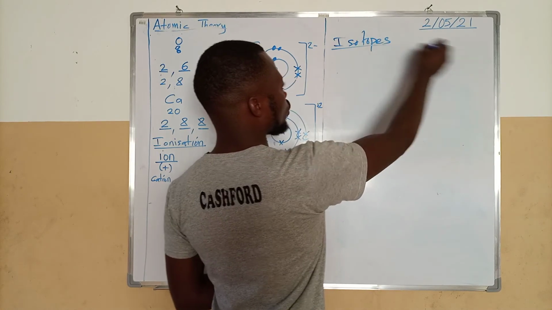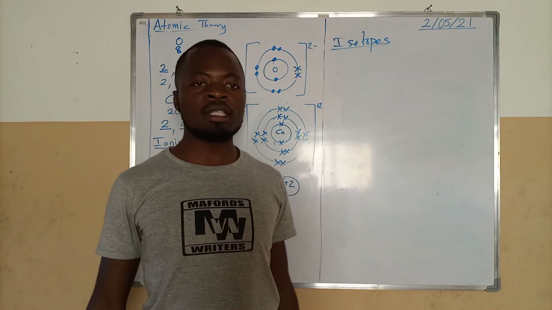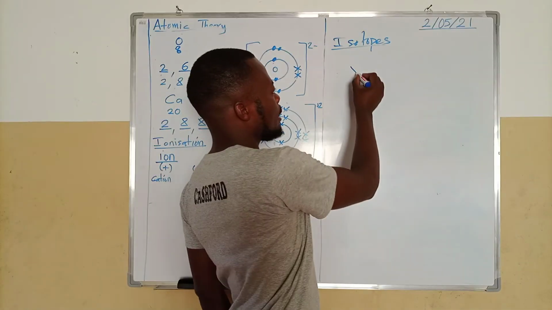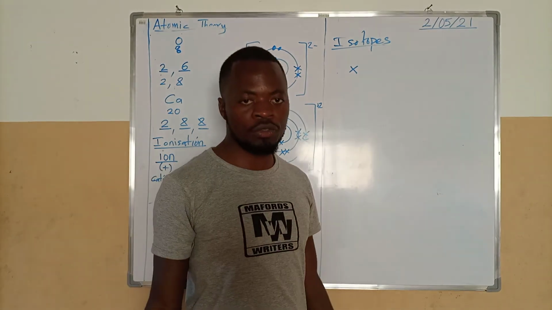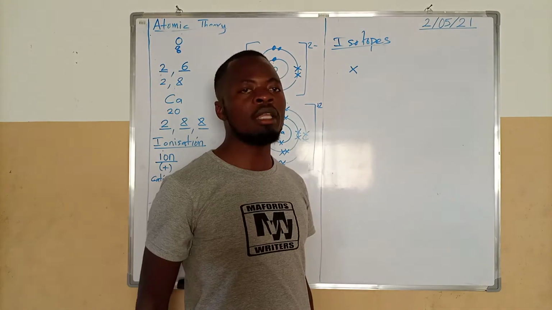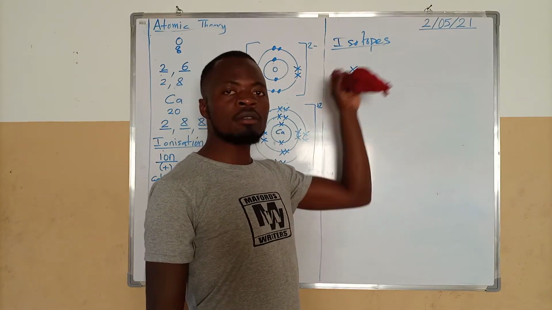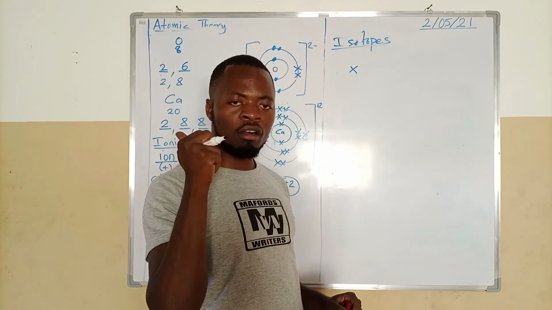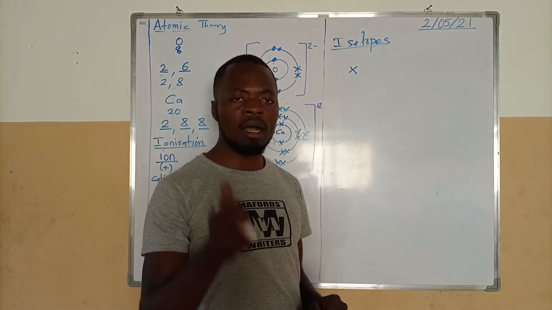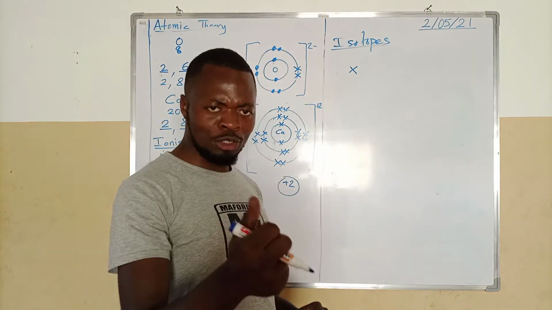So isotopes are atoms of the same element having the same number of protons but different number of electrons. First definition, we're saying isotopes are atoms of the same element having the same number of protons but different number of neutrons, I mean.